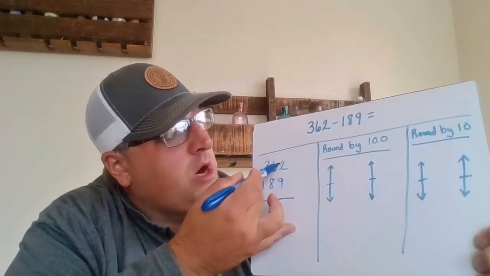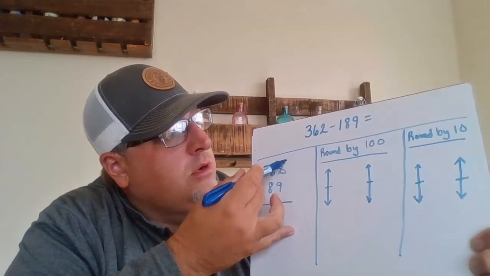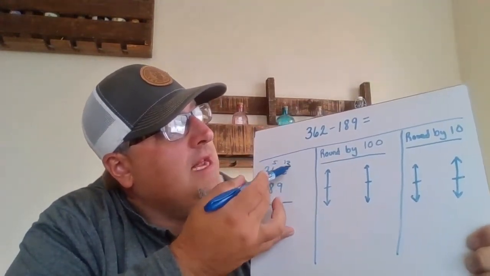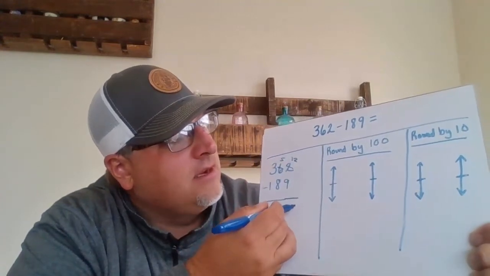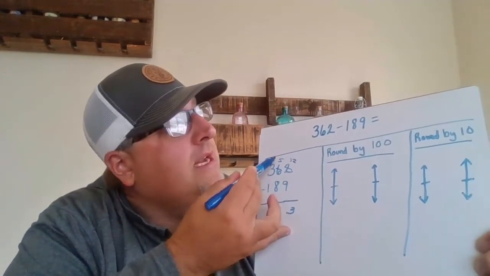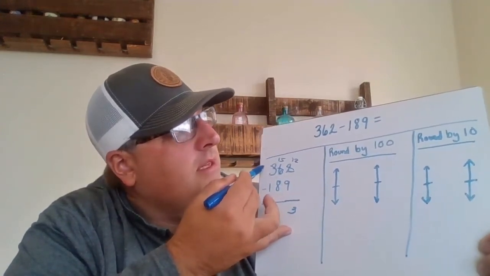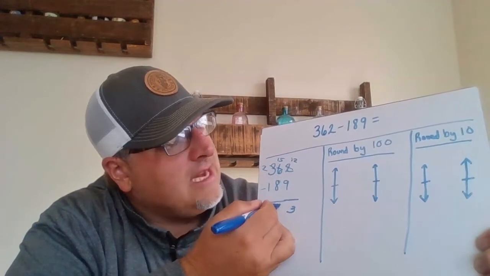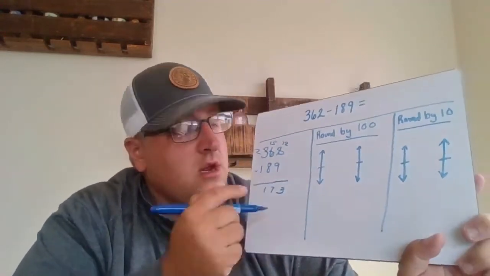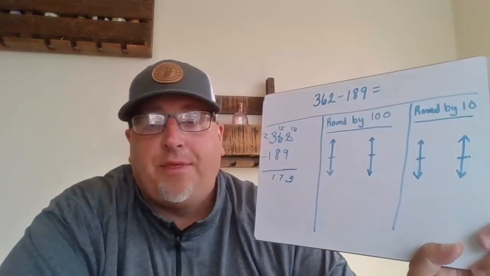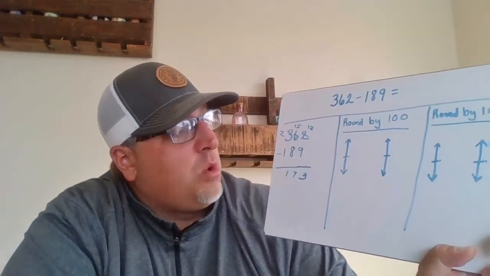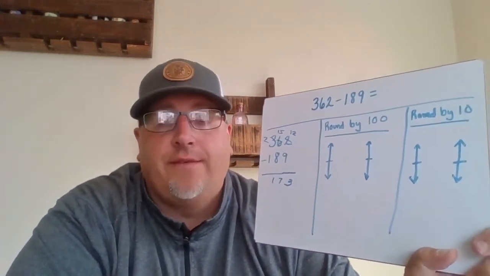So right here, we are going to borrow from the 6. We're going to make that 12. 12 minus 9 equals 3. We got 5 here. We're going to have to borrow again over here. Make this a 2. 15 minus 8 equals 7. And 2 minus 1 equals 1. So just doing the subtraction of 362 minus 189 gives us 173.